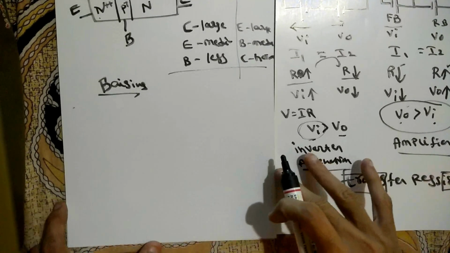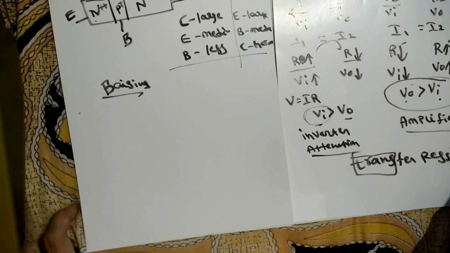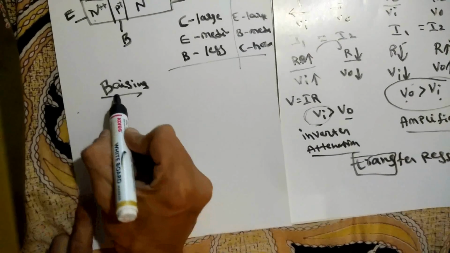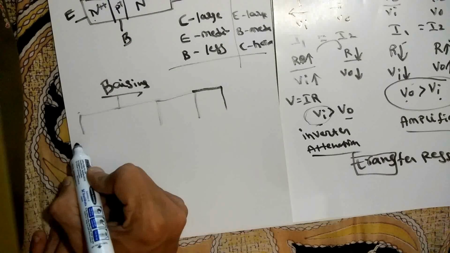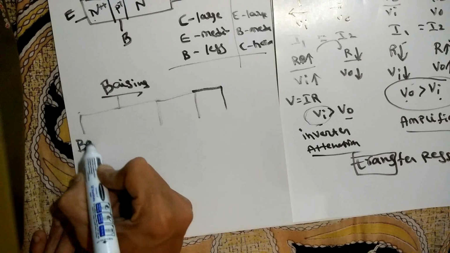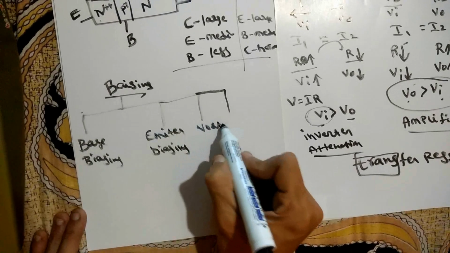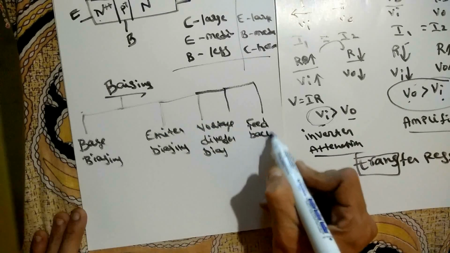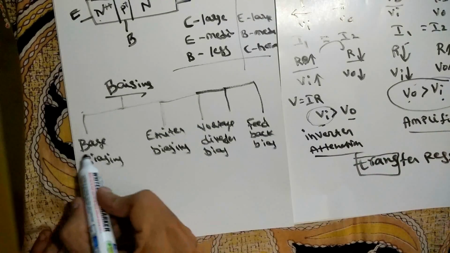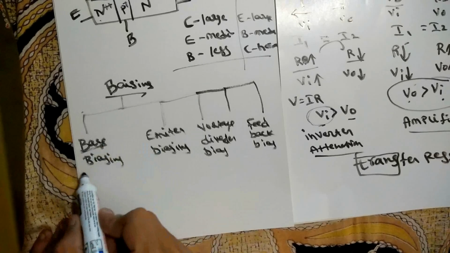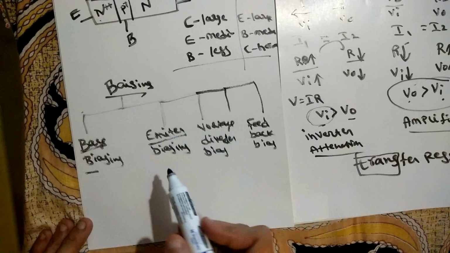Now, what current and voltage can we use for biasing? In biasing we mainly have 4 types. The first is base biasing, the second is emitter biasing, the third is voltage divider bias, and the last is feedback bias. Base biasing means we adjust the base to make the biasing. Emitter biasing means we vary the emitter voltage.